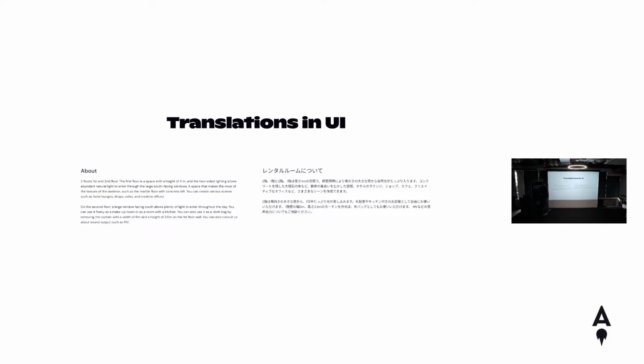It was quite a luck to have it like this, but if you do it the other way, it will break your layout. So keep in mind, when you are designing, pick the language which expands, and you can translate to the more condensed one.